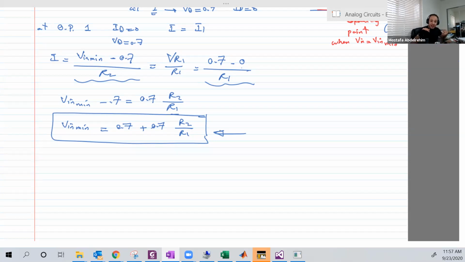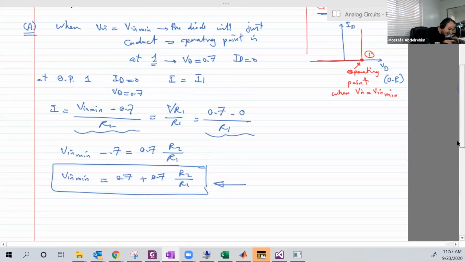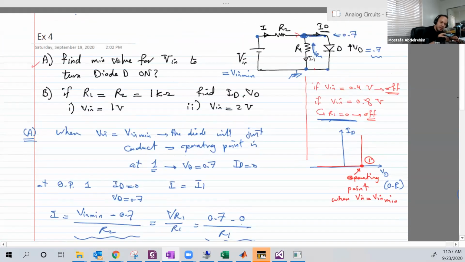Now before going to part B, I want to just explain what will happen exactly without even math, okay? Because we can derive this, by the way, without using math. So let's see what will happen exactly at the moment, or before the moment, the diode turns on.